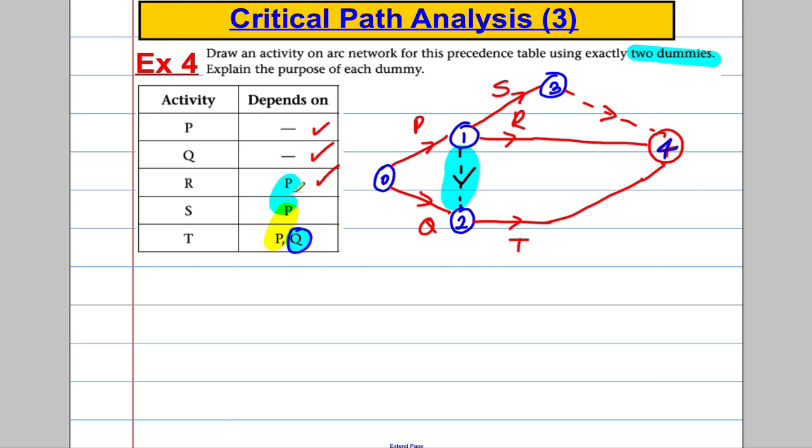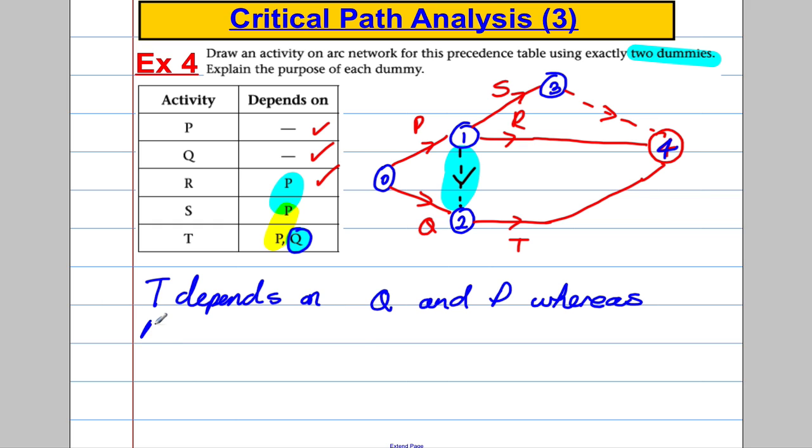So the first one is that T depends on Q and P, whereas R and S just depend on P. Therefore you need a dummy.